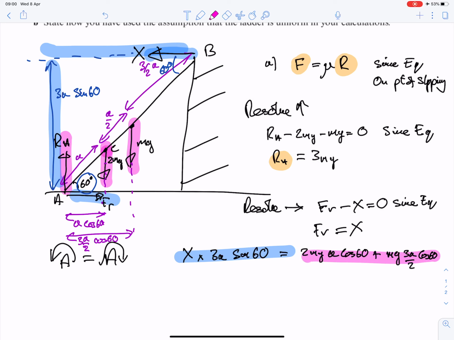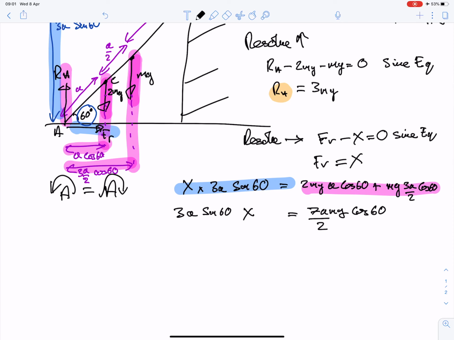That's going to come from the X. So that's X times 3A sine of 60, using these two, is equal to 2mg times A cos of 60 plus mg times 3A over 2 cos of 60.